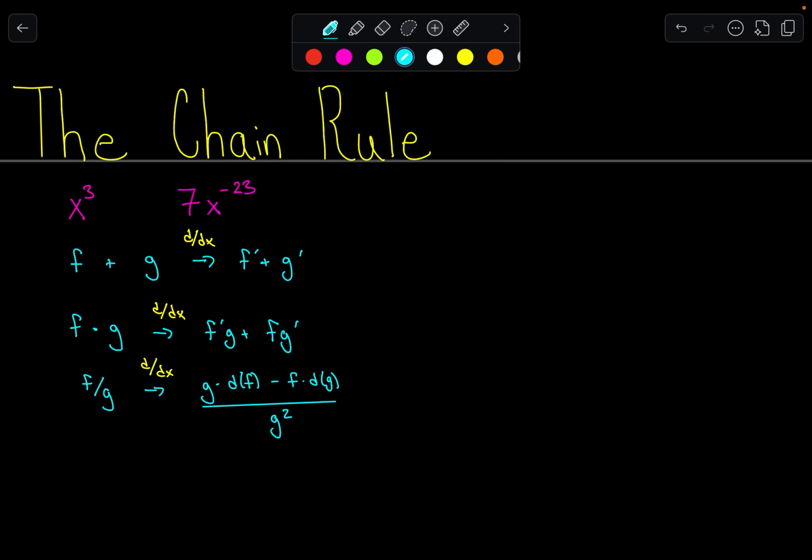We've tackled this, and this is most types of functions that we are going to encounter. The last one, which is the most interesting and which you encounter quite a lot, is the composition of functions, right? What happens if I identify that I have one function inside of another function? How do we do this derivative?